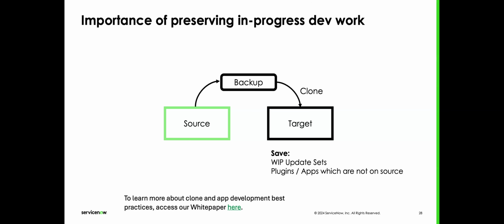As we've seen with the backup based clone, we're essentially wiping records on the target. So anything that doesn't exist on source will have to be added back. We'll also share a white paper that we put together around best practices, but I'll share a couple tips here on preserving in-flight update sets.